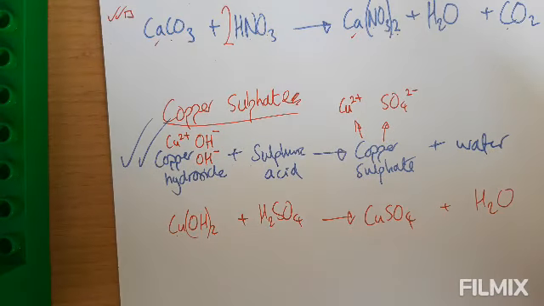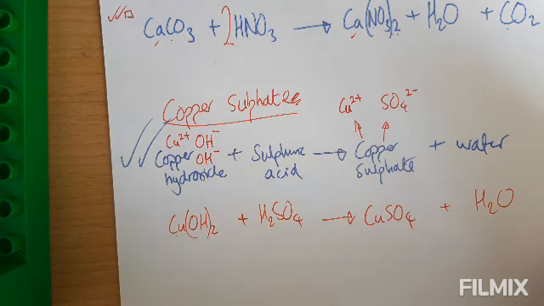This is going to be a little bit trickier to balance because I've got too many hydrogens. 1, 2, 3, 4. I've got 2 oxygens on this side, so I need to get balance in.